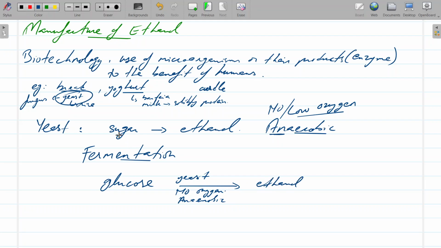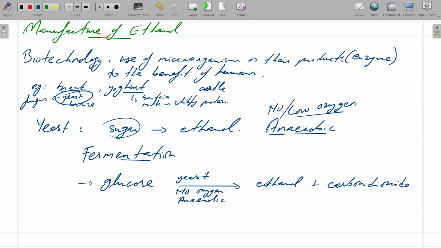Glucose is a sugar, and carbon dioxide, right? This is the equation.